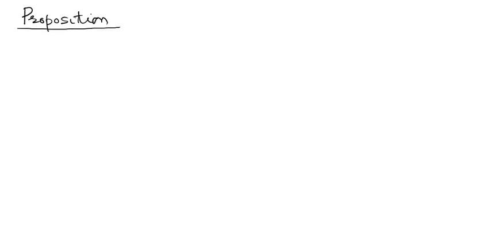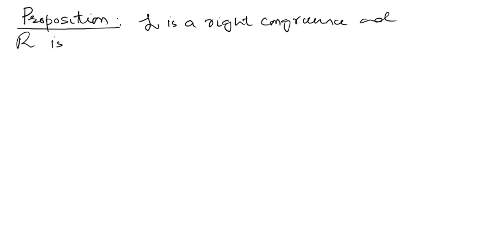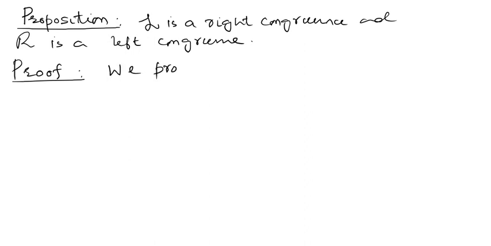Next proposition: L is a right congruence, and R is a left congruence on S. In this also we will prove only one part, that L is a right congruence.